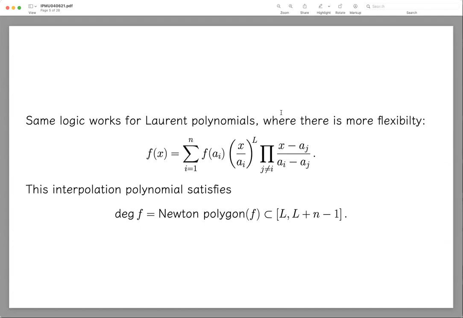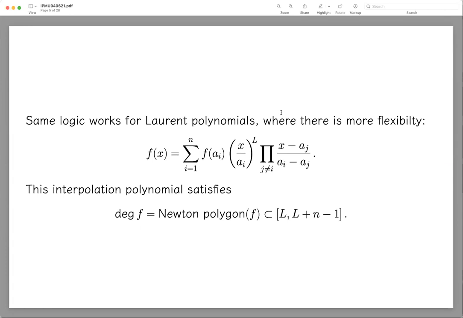And so in my formula, since I'm interpolating at the point a_i, I can stick in this factor x over a_i raised to any power L I want.